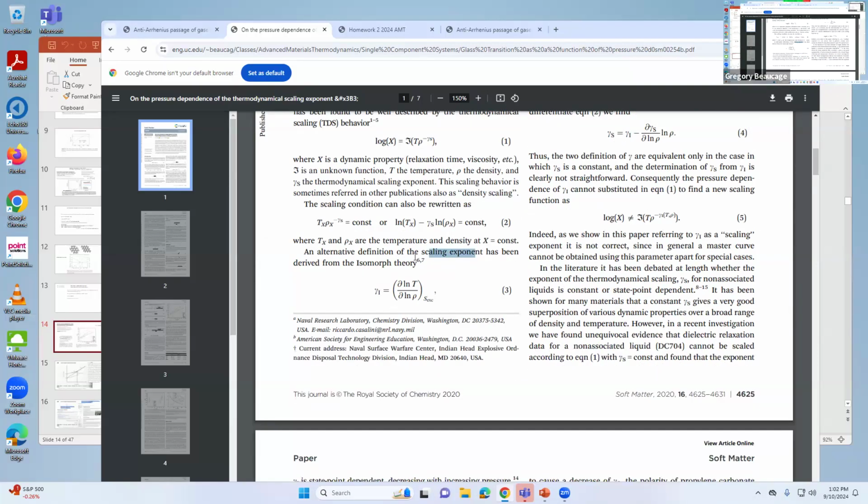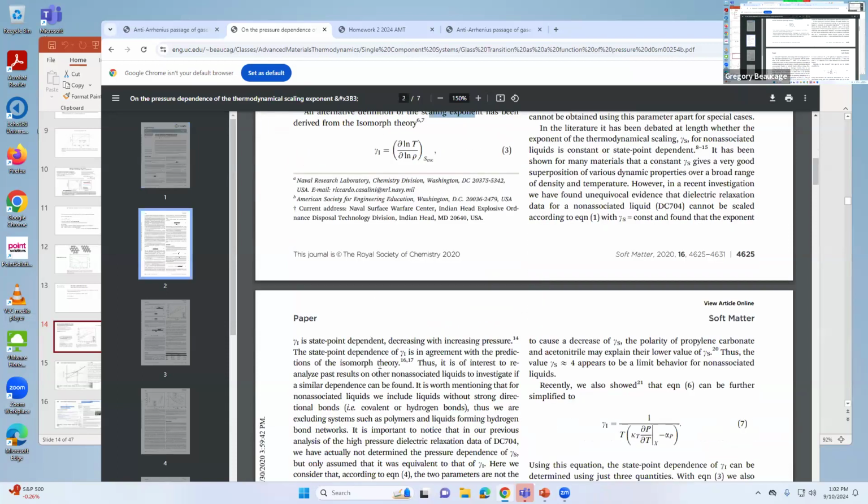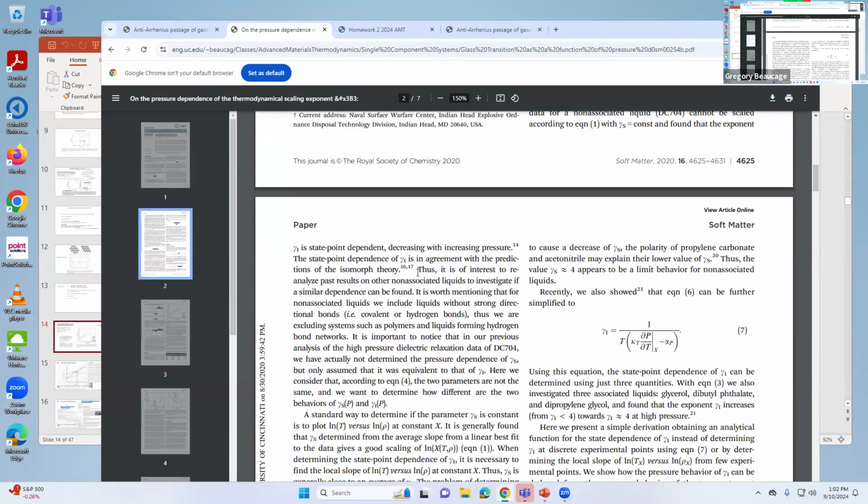So anyway, with these scaling exponents, they talk about hard and soft transitions for the glass transition, or brittle and not brittle transitions. There are literally thousands of papers written on these scaling exponents for glass transition, right?